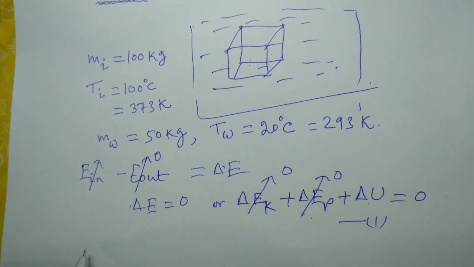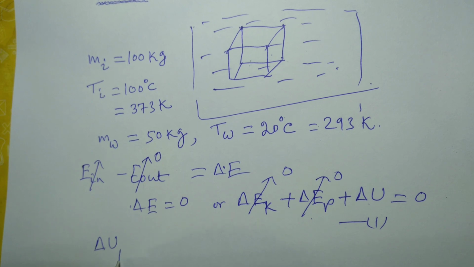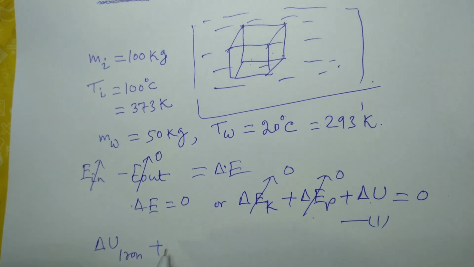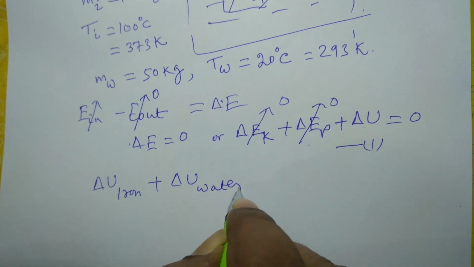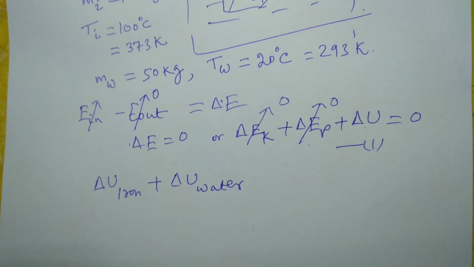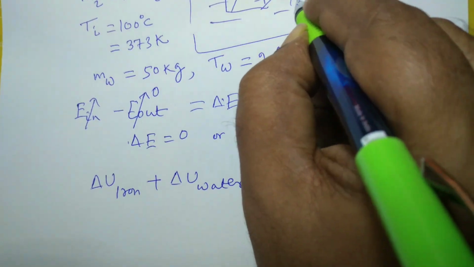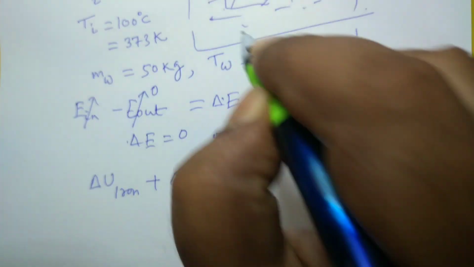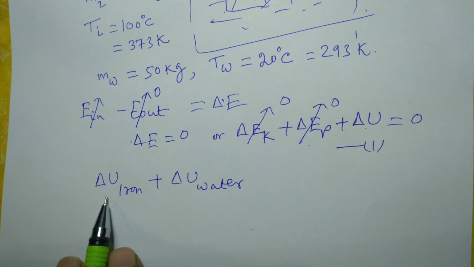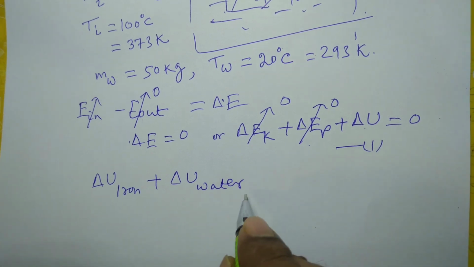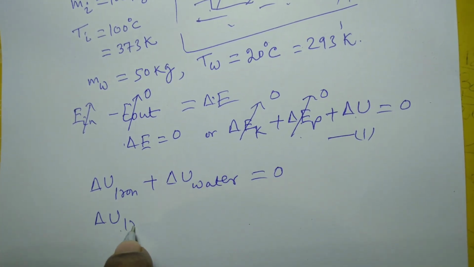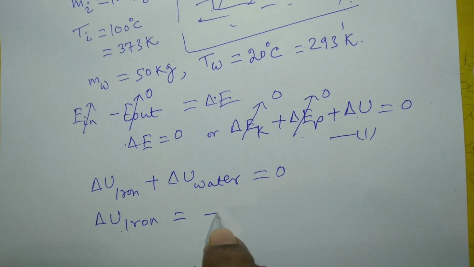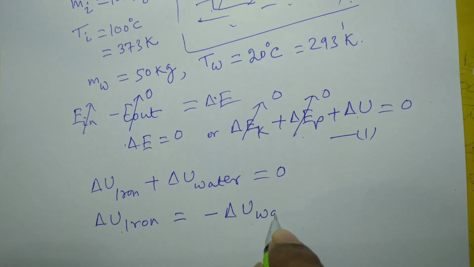From this, I can say delta U of iron plus delta U of water is 0, because we are considering an isolated system comprising two subsystems, the iron block and water. So the summation of the change in internal energy of both subsystems is 0, and delta U iron is equal to minus delta U water.